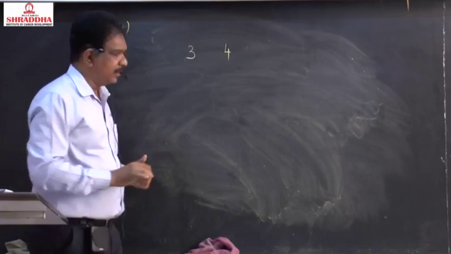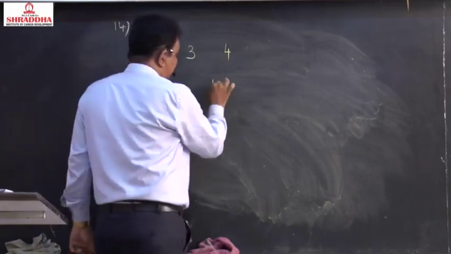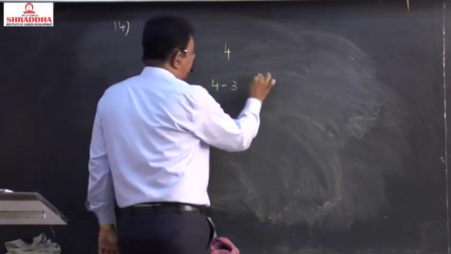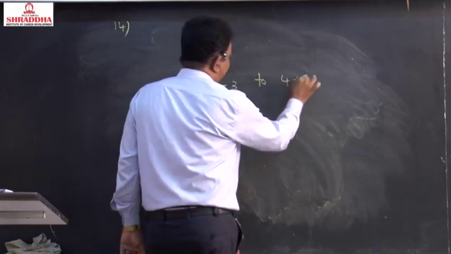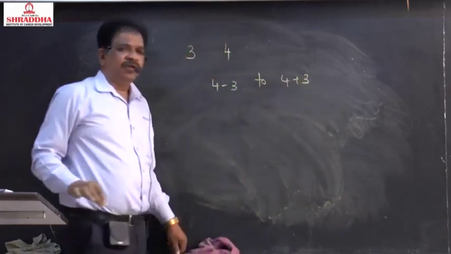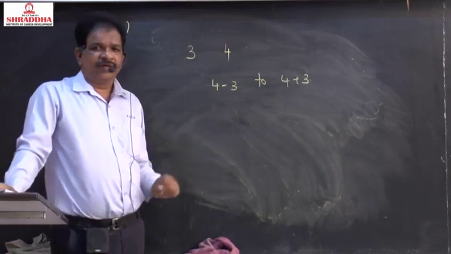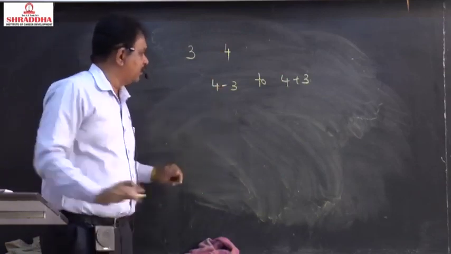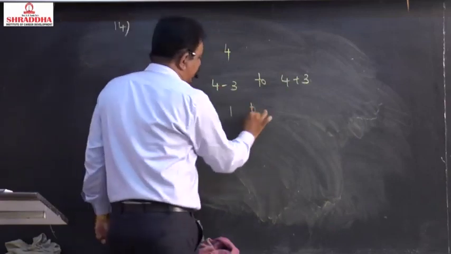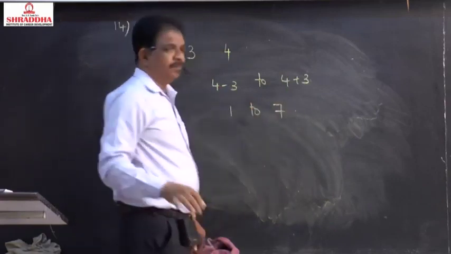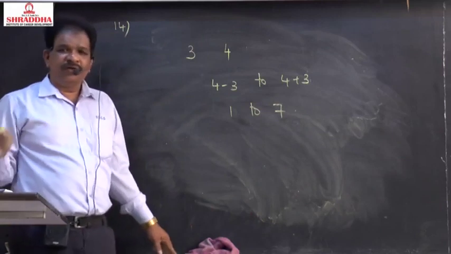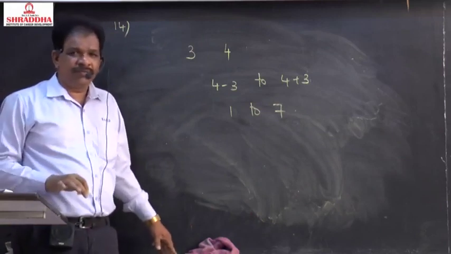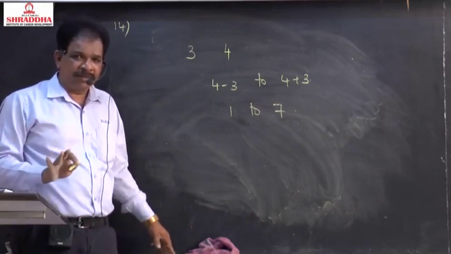Their resultant will be in between 4 minus 3 to 4 plus 3. In between only the resultant will be there. Resultant will not be less than 1, will not be greater than 7. It may be equal to 1, may be equal to 7. Is it clear what I am saying?